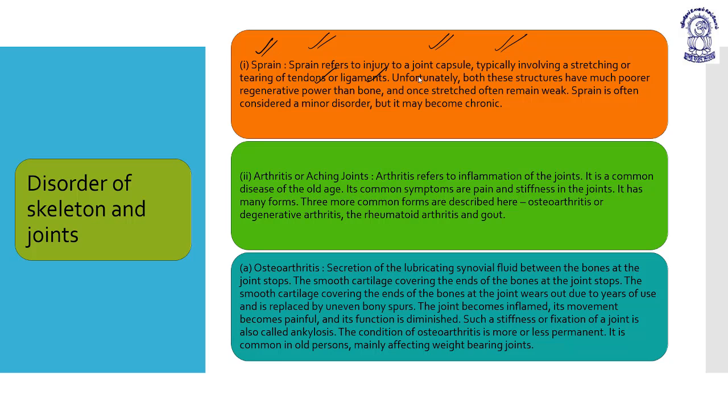Unfortunately, both these structures have much poorer regenerative power than bone. Bone can regenerate very quickly, but healing of a torn ligament is delayed, and once stretched they often remain weak.